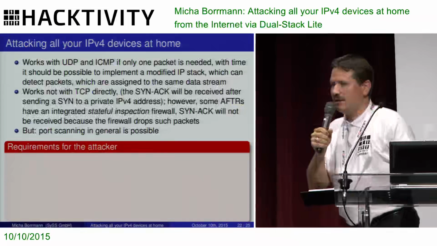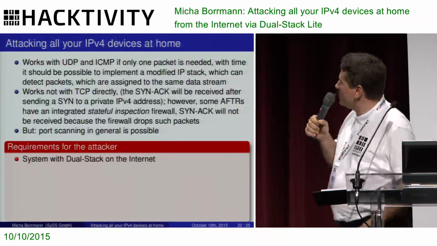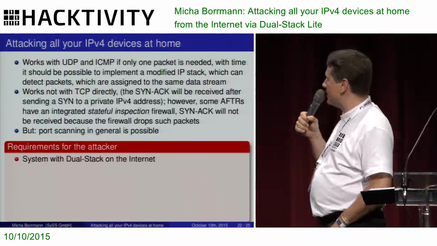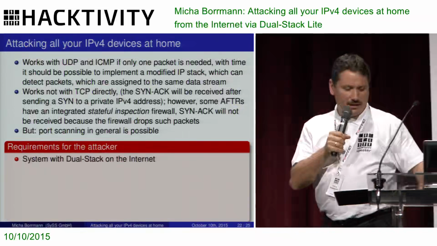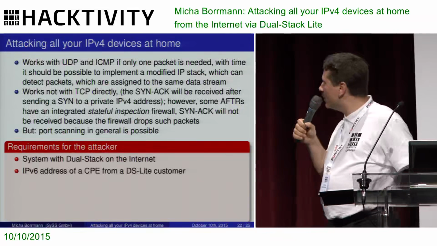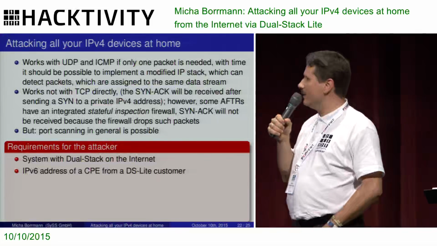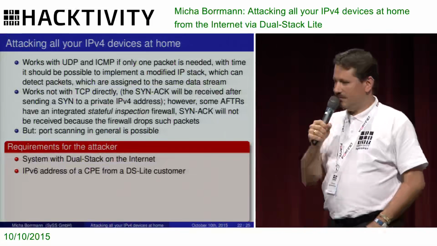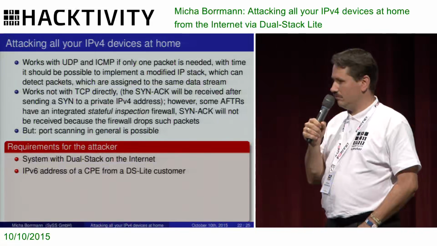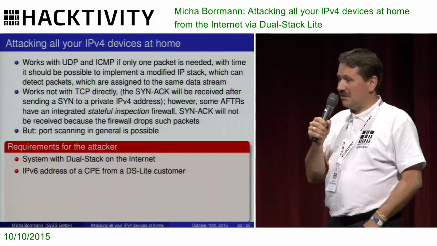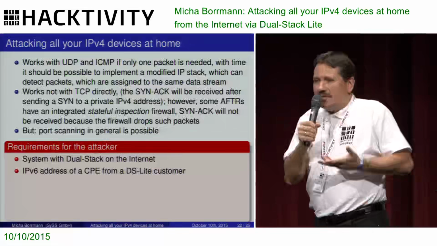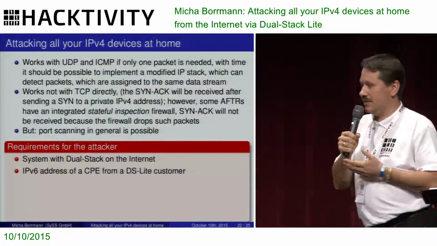What do you need as an attacker? You need a system with dual stack on the internet. That's easy, that's usual. You need the IPv6 address of the CPE from a DS Lite customer. That's different, difficult, because how is this IPv6 address in use?